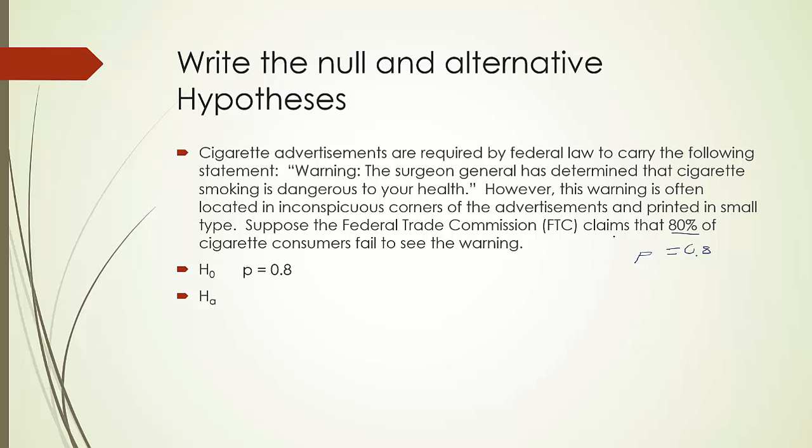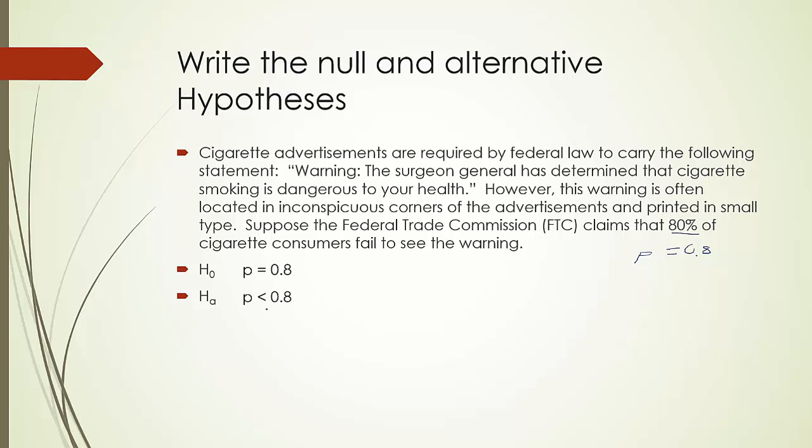They would argue against the Federal Trade Commission that it would be less than 80%. So rather than using P not equal to 80% for my alternative hypothesis, instead I want to view it through the lens of the context of the problem. And I'm going to use that the proportion would be less than 80%. So the cigarette advertisers would be saying, "You're wrong, Federal Trade Commission. People are seeing the warning where we put it in fine print in the inconspicuous corner."